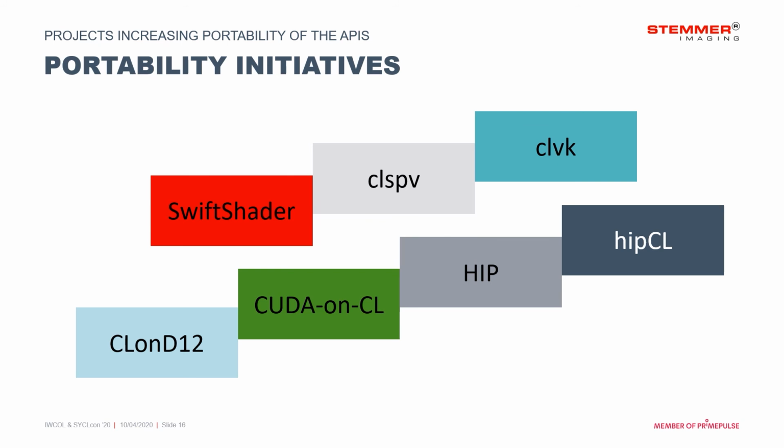Then there's an initiative by Microsoft to run OpenCL 1.2 on top of DirectX 12. There is a project that provides a layer to run CUDA code on OpenCL. There's HIP that enables you to run CUDA-like code on AMD and NVIDIA platforms. And there's HIPCL, which is a target for HIP to run the same code on OpenCL devices as well.